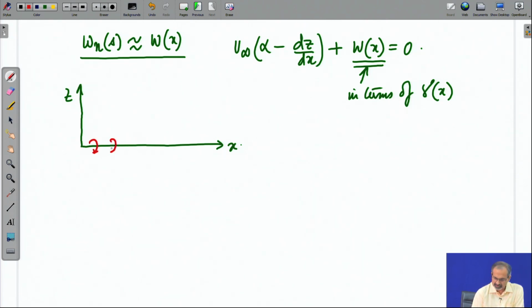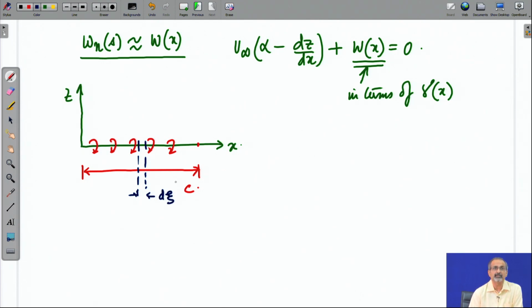So, you have the vorticity distribution along the chord, this is your entire chord length, and then you identify a location somewhere in between on the chord which has a length d xi. Xi is a dummy parameter, and this small elemental length is at a distance xi from the leading edge.